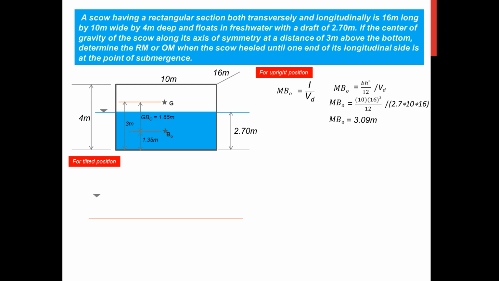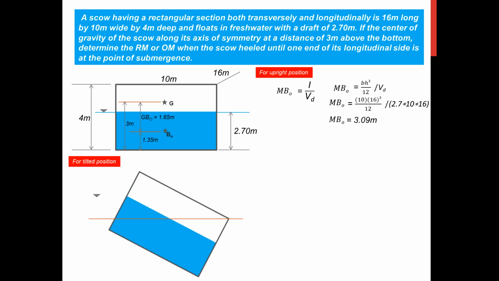Now for tilted position, we have this scow wherein one of the ends is on the point of submergence. Remember to put this in a way that the liquid surface would intersect the axis of symmetry at the center.